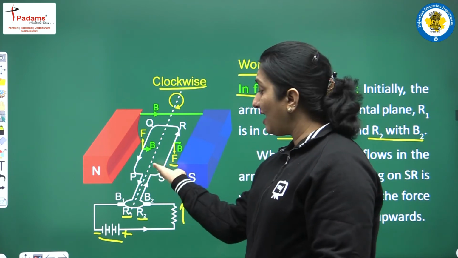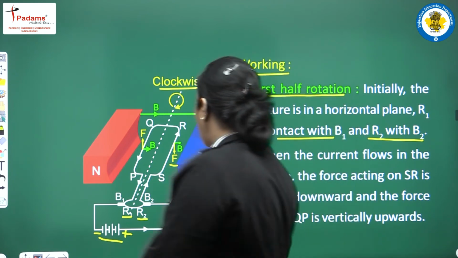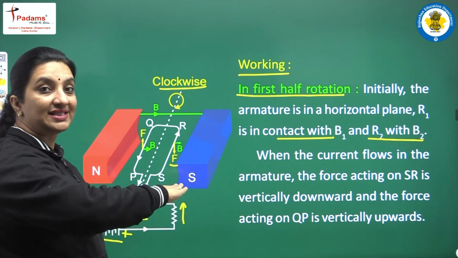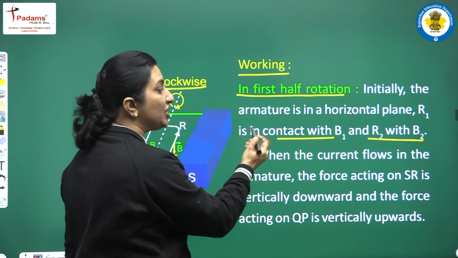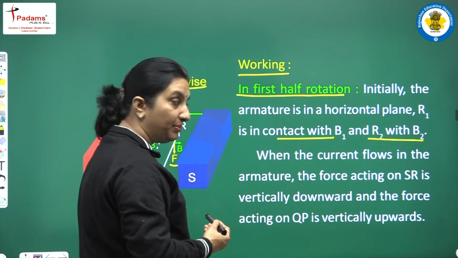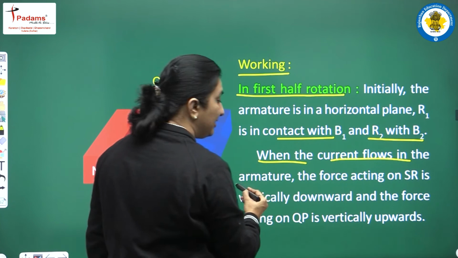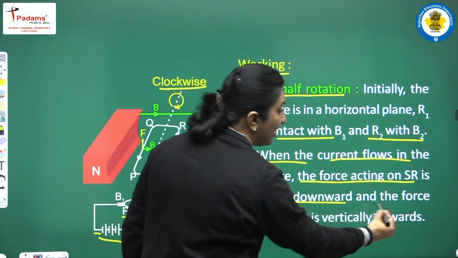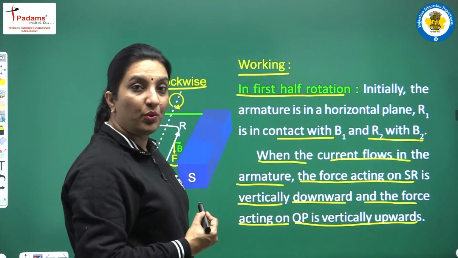Now once the armature coil rotates by 180 degrees, after rotation the arm will be now like this. So in the first half rotation, initially the armature is in a horizontal plane and R1 is in contact with B1 and R2 with B2. When the current flows in the armature, the force acting on SR is vertically downward and the force acting on QP is vertically upwards.